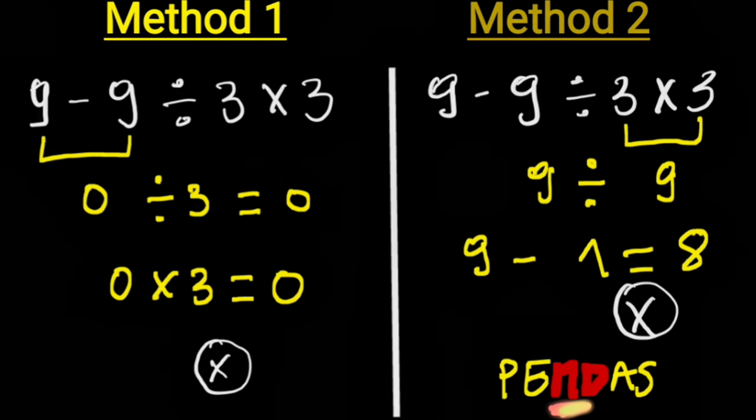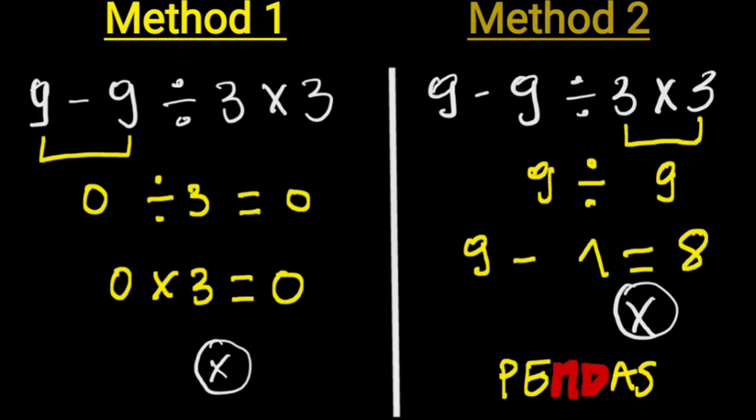This is where the truth shatters both mistakes at once. Multiplication and division are equals. They are not a hierarchy within themselves. The M and the D in PEMDAS sit on the exact same level, the same way addition and subtraction are equals on their own level.